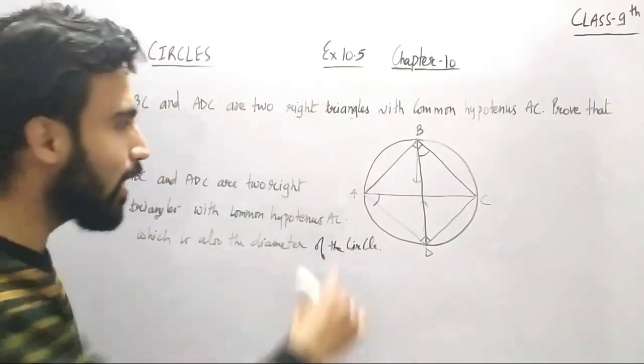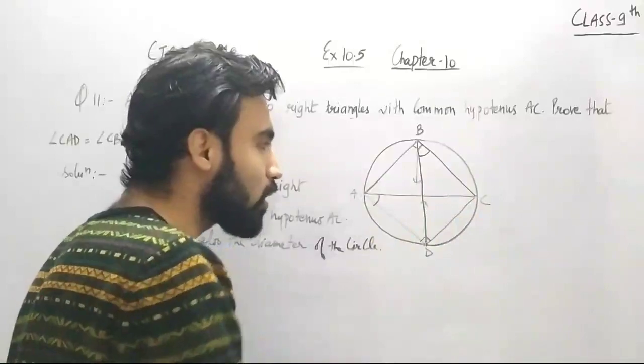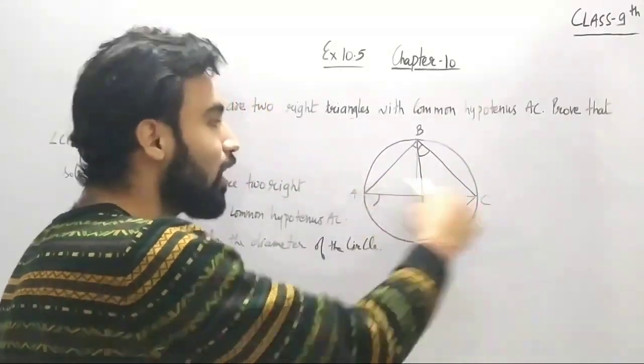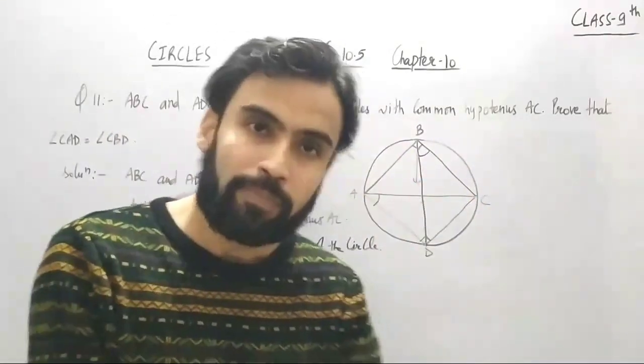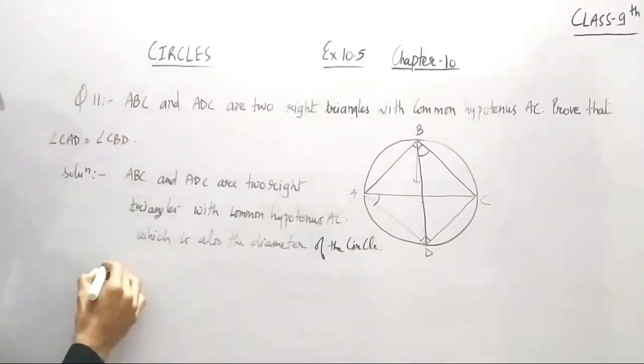Right, getting my point? So this AC is the common hypotenuse for both, and also, you can see, the diameter of the circle.